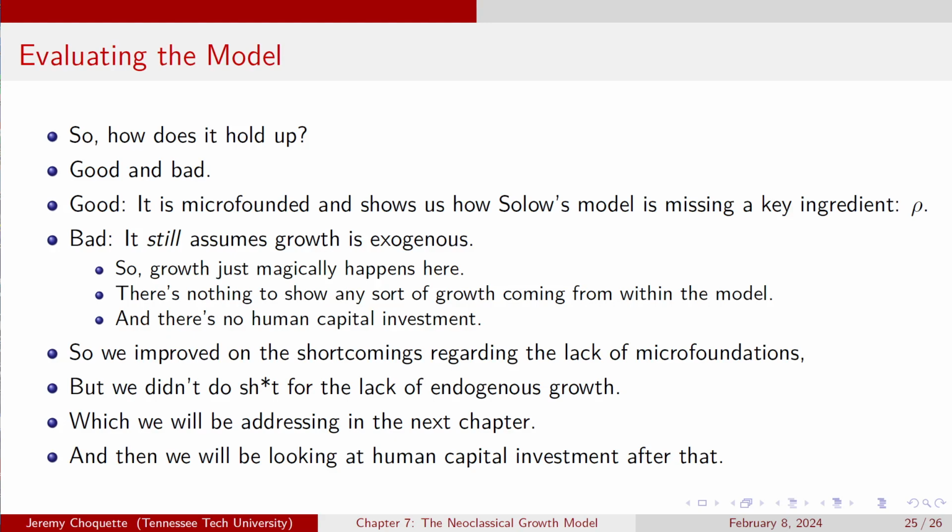So if in the real world we're getting growth coming from our decisions, our choices, our investment in things, the model should be telling us something similar. Now, it's not always the case that the model has to completely and accurately reflect things in the world. We do make a lot of simplifying assumptions.